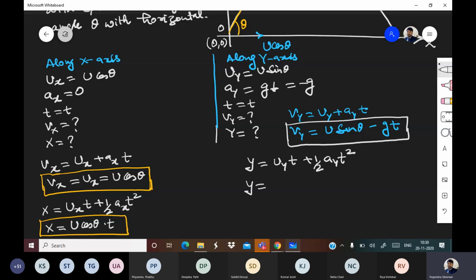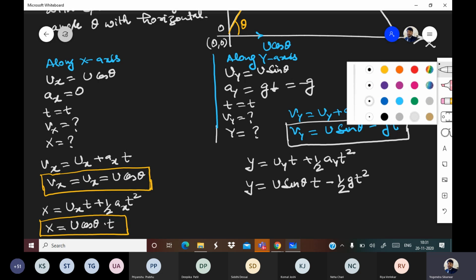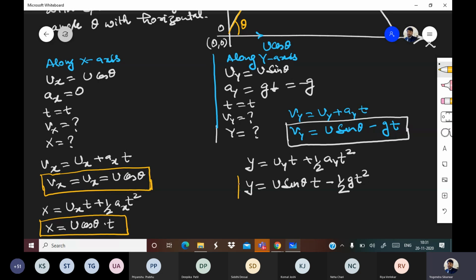So y comes out to be uy, which is u sine theta, into t minus half into g into t square. So that will be our y coordinate. Okay.